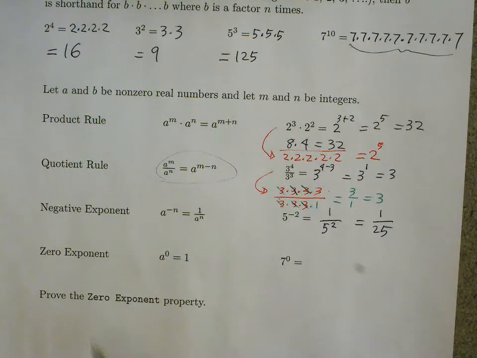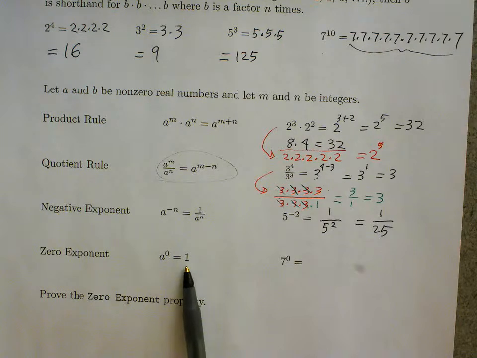Now the 0 exponent. Remember a is the base number, and we're assuming a is non-zero. So a non-zero number raised to the exponent 0 is always equal to 1.